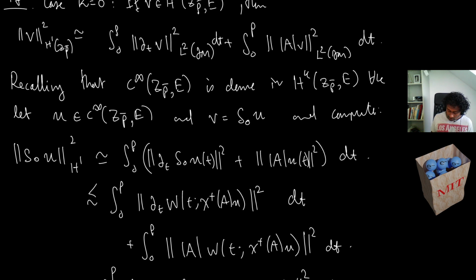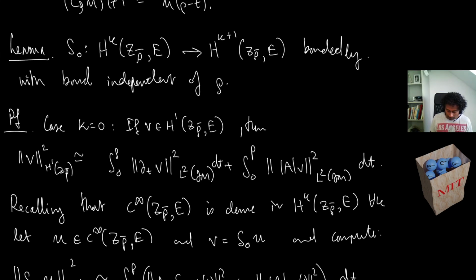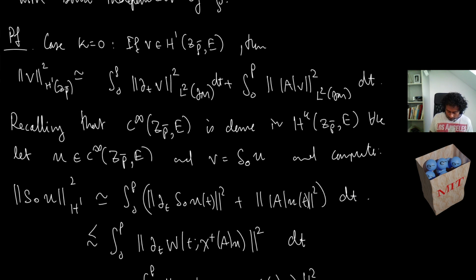So that's not a V, that's a U. No, the lemma just talks about the mapping. This V is just reminding us how the H1 norm can be written in terms of the lemma that I just gave before. This is just saying that the norm of V in H1 can be written in this following form.